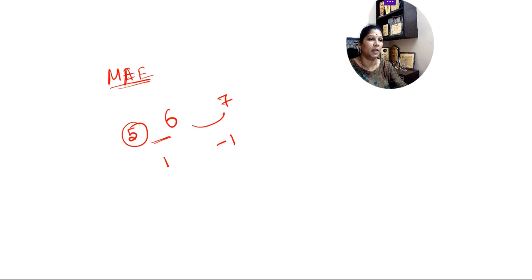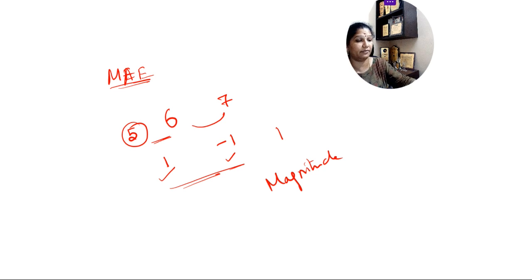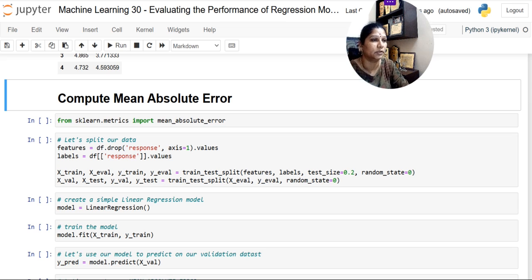It is minus 1. And kindly observe, whether positive or negative, the absolute distance without taking the signs into consideration is 1 in both cases. So this is called magnitude. The MAE, that is mean absolute error, is computed by summing all the magnitudes and dividing by the number of observations.